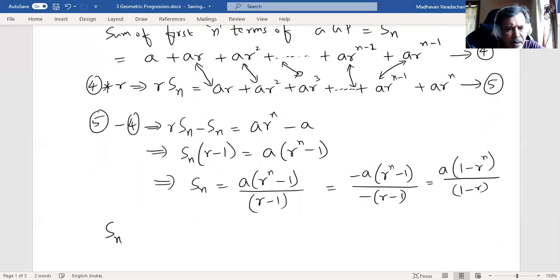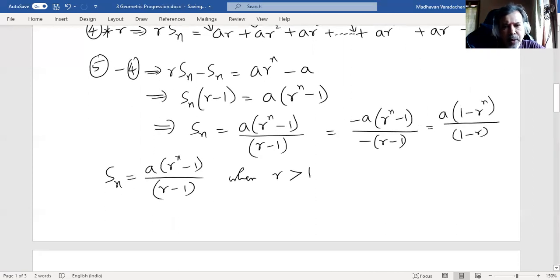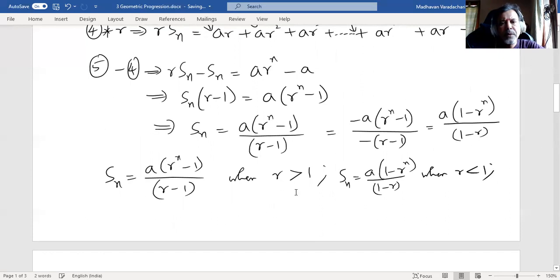Generally, we use the first one, Sn equal to A into R power n minus 1 by R minus 1, when R is greater than 1. And the second one, Sn equal to A into 1 minus R power n by 1 minus R, we use when R is less than 1. That is the general practice.